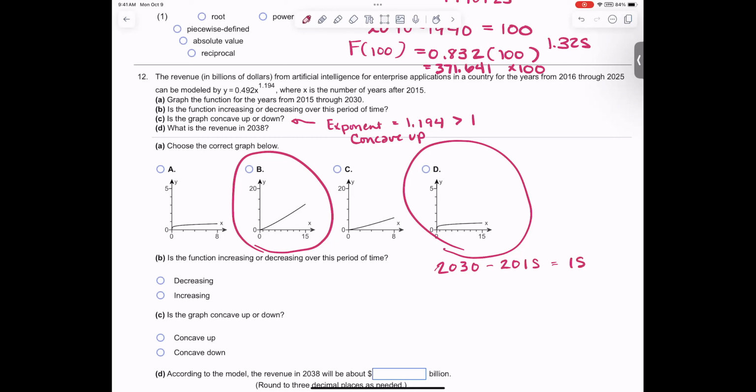So A and B don't have the correct window. So I'm going to graph this from 0 to 15 in the X. And what scale are they using? I don't know what scale they're using. We'll just leave it at 1. And it looks like the Y is from 0 to 5? So that's what I'm going to use to graph this. Okay, so let me share my calculator.